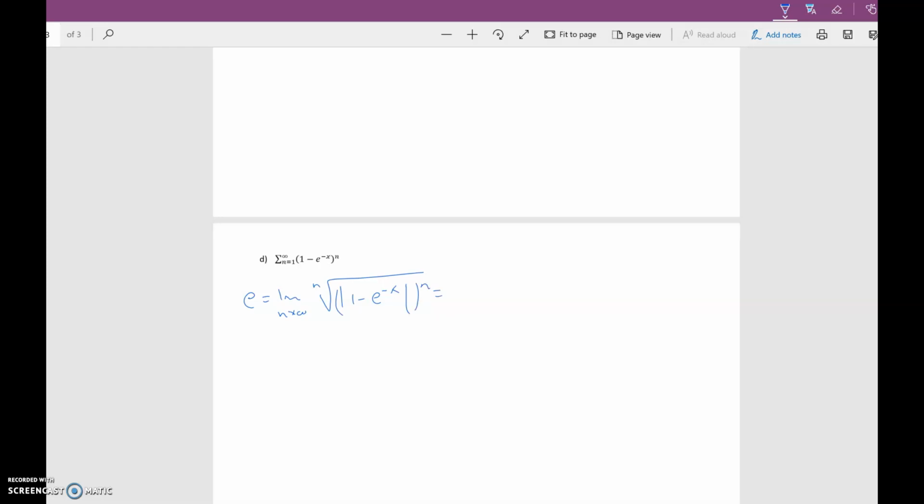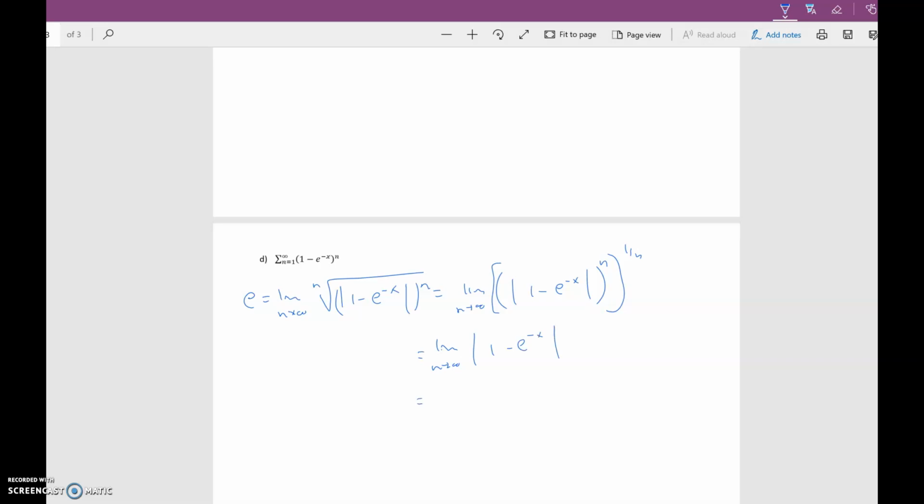So this is equal to the limit as n approaches infinity of the absolute value of 1 minus e to the negative x, raised to the n power and then subsequently raised to the 1 over n. So we end up evaluating the limit as n approaches infinity of the absolute value of 1 minus e to the negative x.